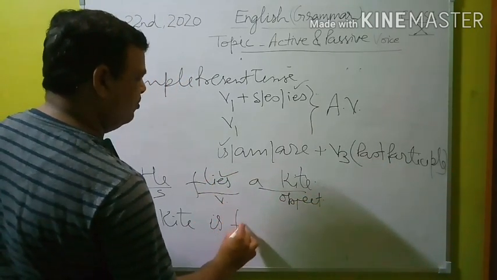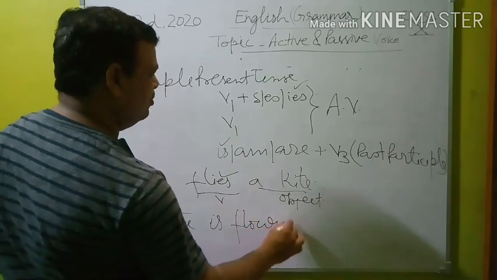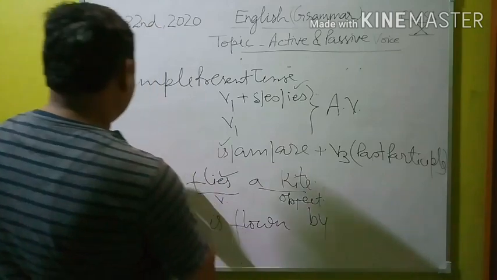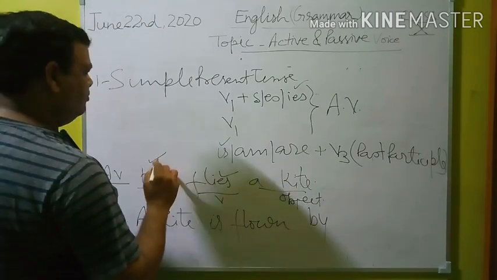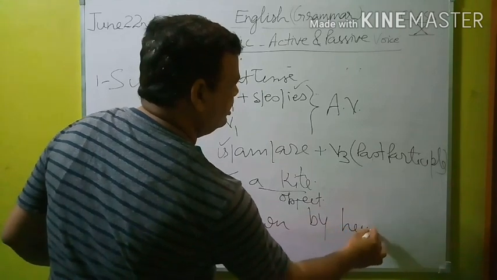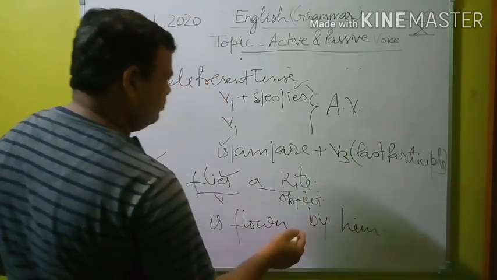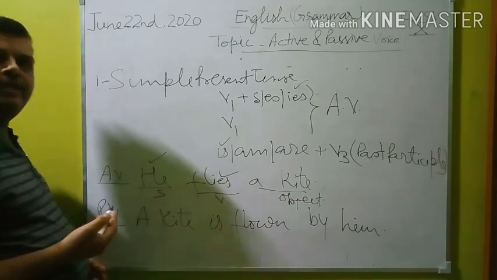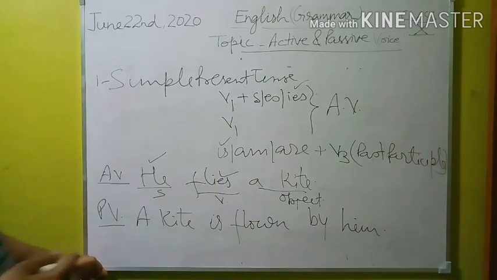So here it is flown. A kite is flown by. Now subject of the active voice is he, so here it will be by him. So in this way we can change a sentence of simple present tense into passive voice.